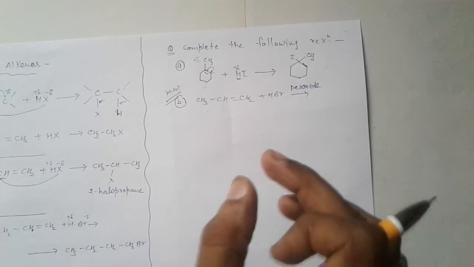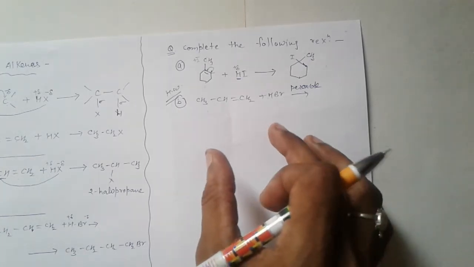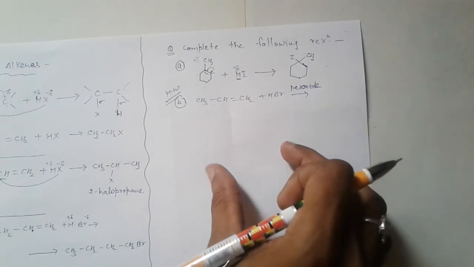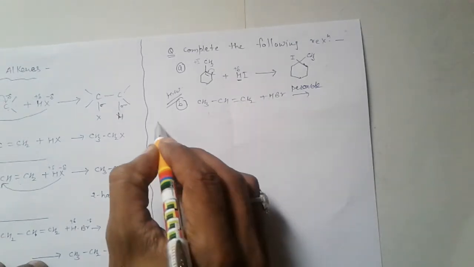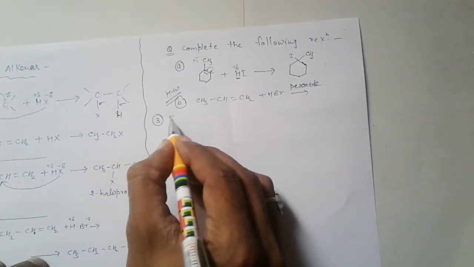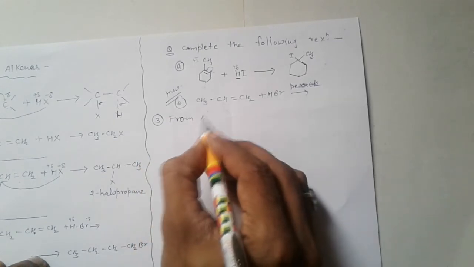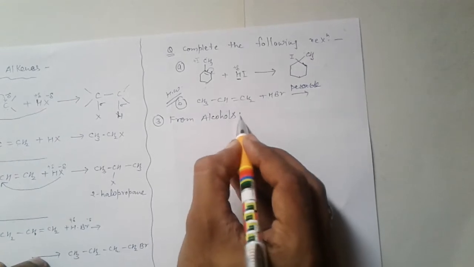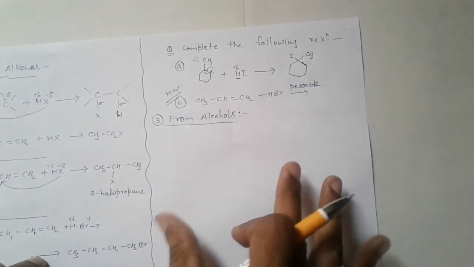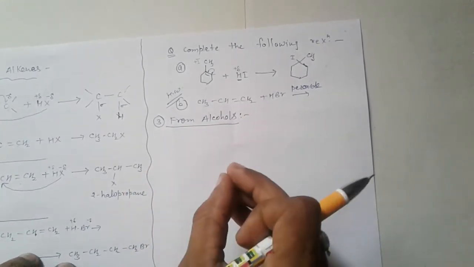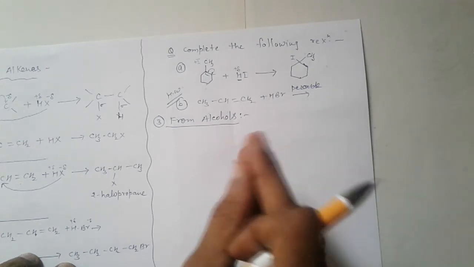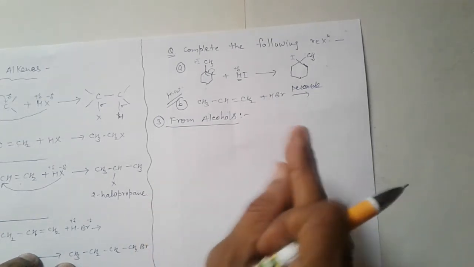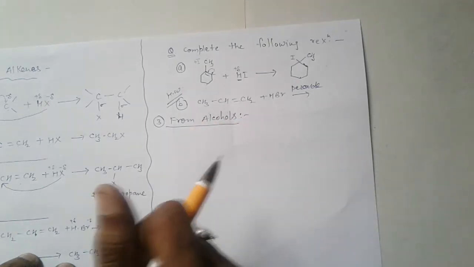Now next, third method of preparation for haloalkane is from alcohols. Here, three reagents or substances are used for formation of haloalkane from alcohols.